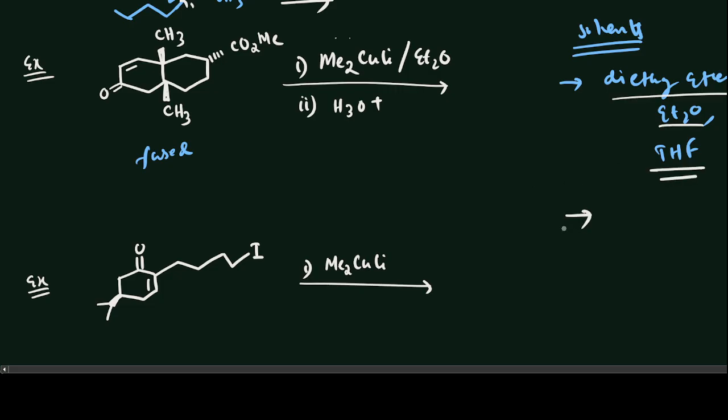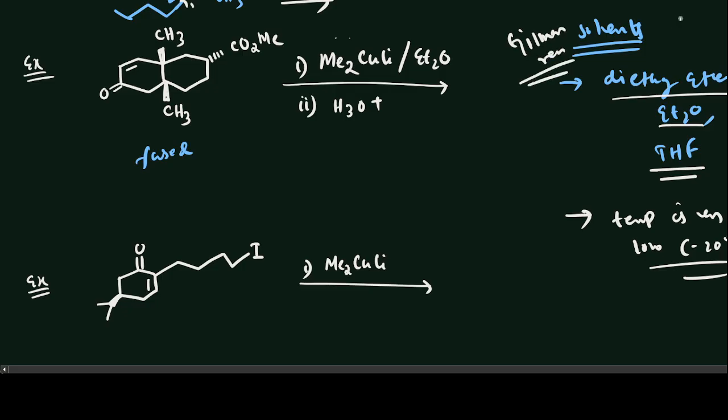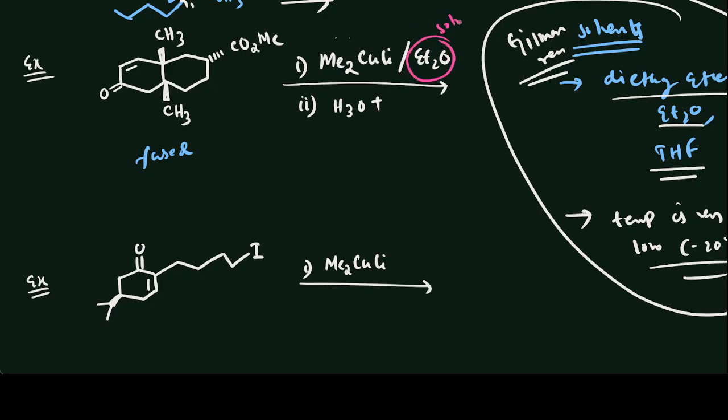And the temperature taken is very low, minus 20 degrees centigrade, for this type of Gilman reagents. So these are the solvents and conditions taken for the Gilman reagent. Here it is mentioned Et2O, so this is the solvent. They want to confuse you by giving the solvents. This is diethyl ether.